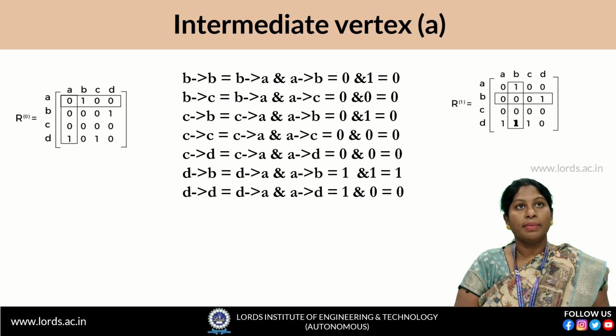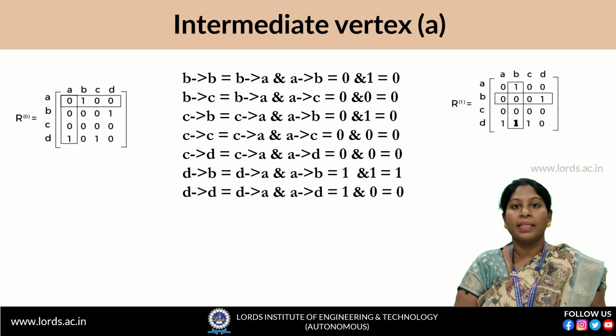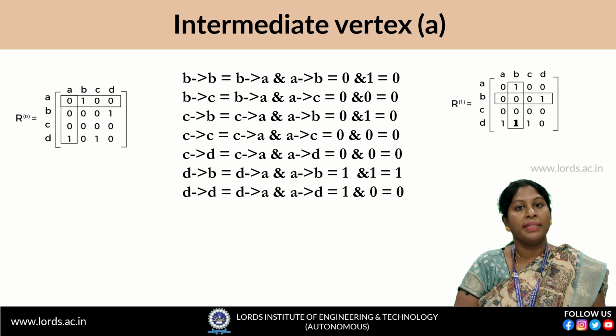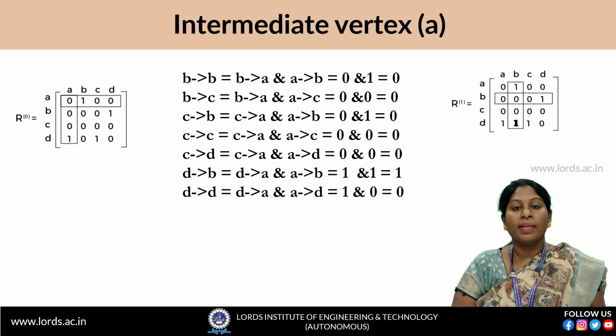Always remember that whenever we are finding an adjacency matrix in relations R0, R1, R2, R3 and R4, we need to get the data from the previous adjacency matrix. That is why we have represented R k minus 1. So k minus 1 is nothing but the adjacency matrix of the previous result.